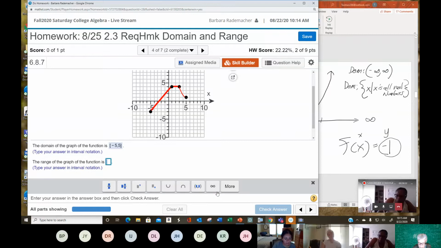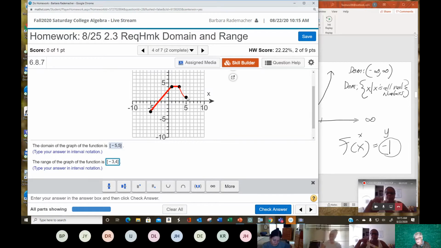So I'm going to put a bracket, negative 3, comma, and then positive 4 on the y-axis, and a bracket. And that's what I'm going to check and see.